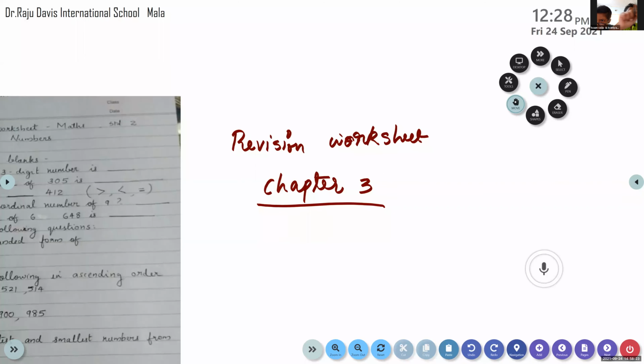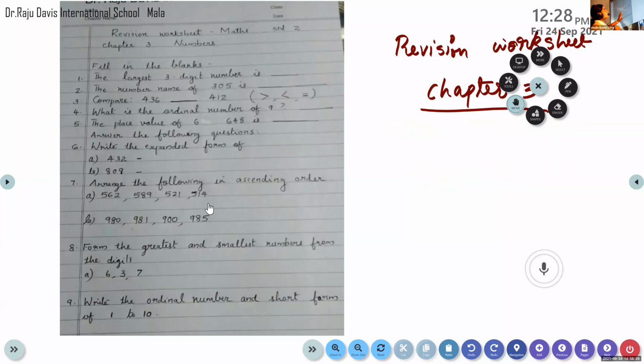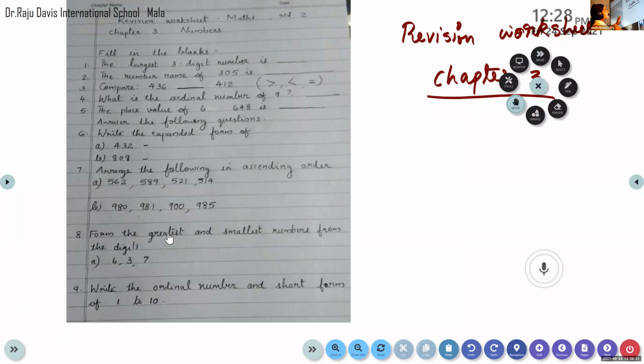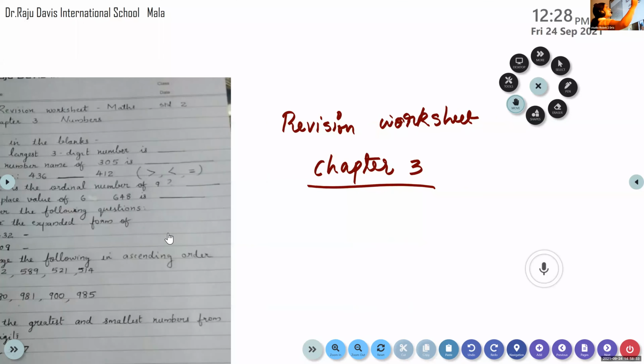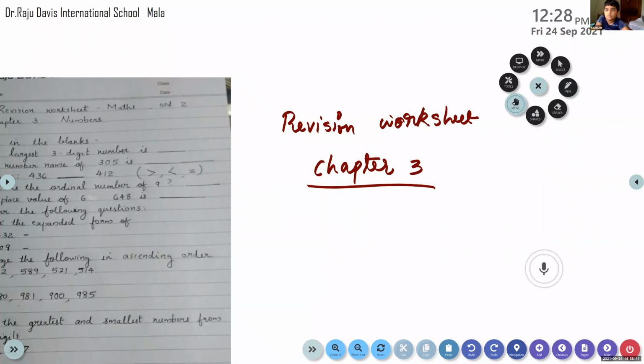Yes. No need to write the question. Only you have to write the answer. Take a new page and write the heading. It's okay, only write the heading. No, you have space.